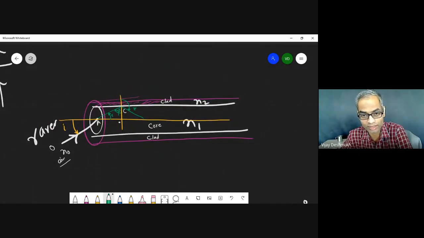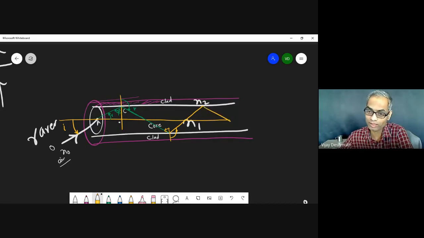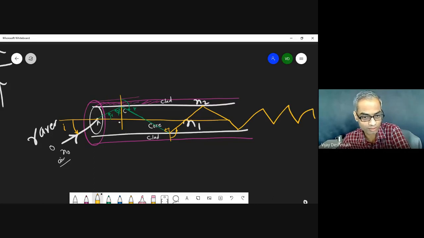So this green color light. Again here we have another normal situation. So this is the angle of incidence from the normal, and then we'll get the angle of refraction like this, so that the light travels like this, like this, in zigzag manner. These are the straight lines. Just imagine these are the straight lines.